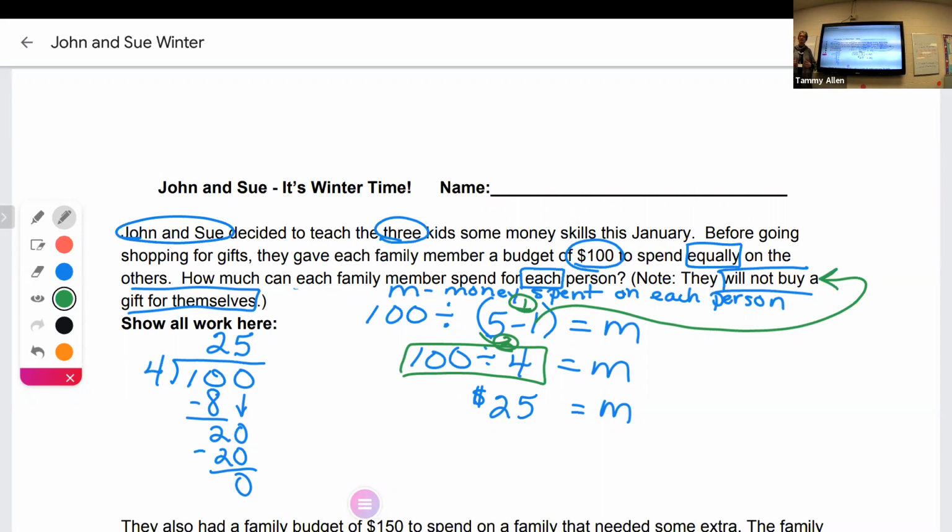There's some more wording in our story problem. We were going to do it what? Equally. Equally. Right there. Do you see that? Okay.